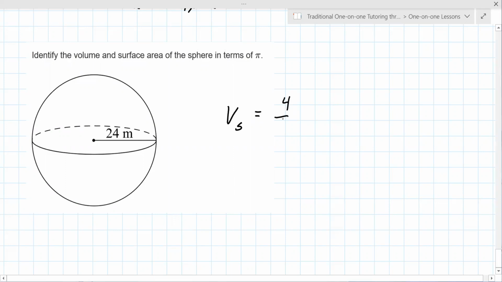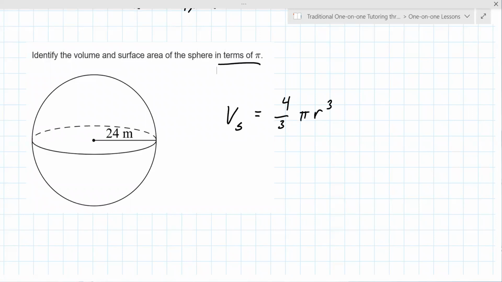Okay, so it's 4/3 pi r cubed. 18,432 pi. Yes, and I really appreciate you saying the answer in terms of pi, like it says there. That's really critical. Good.